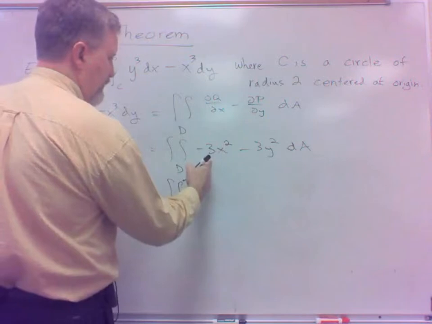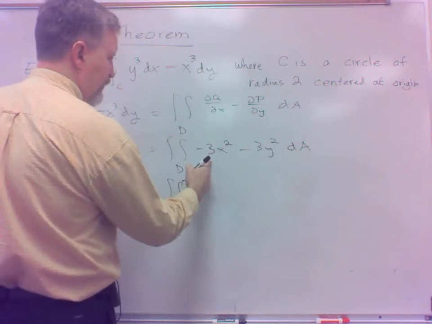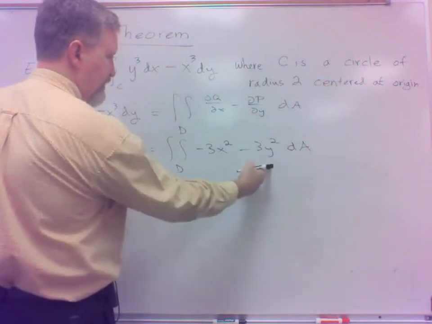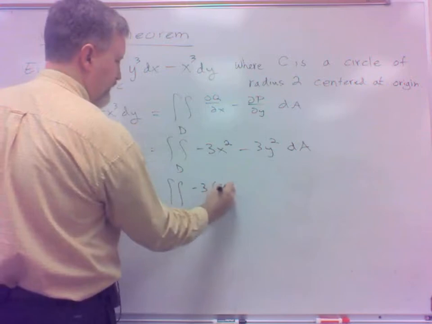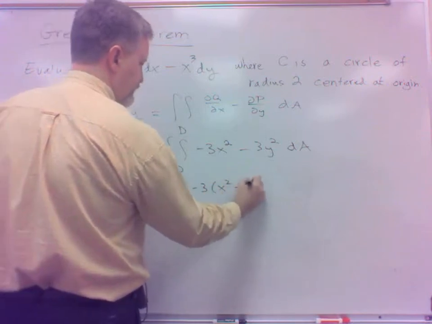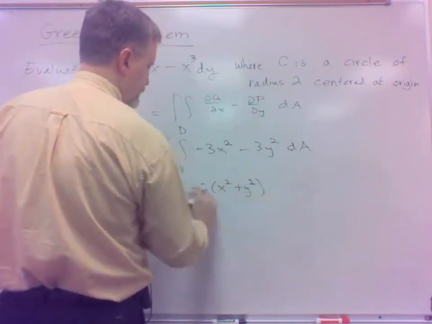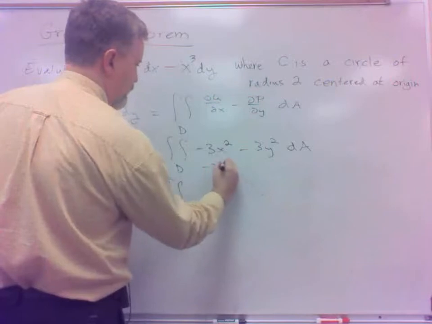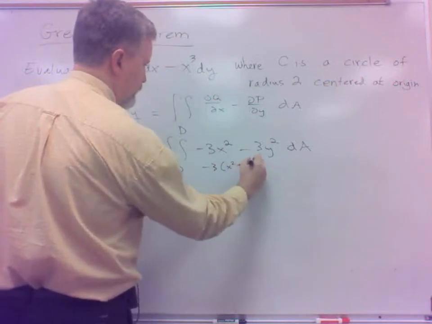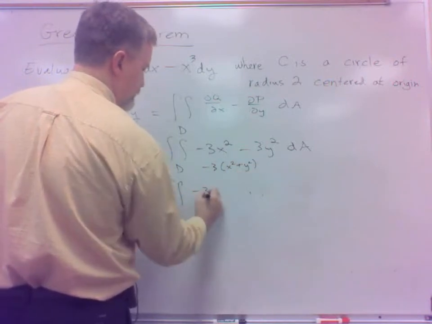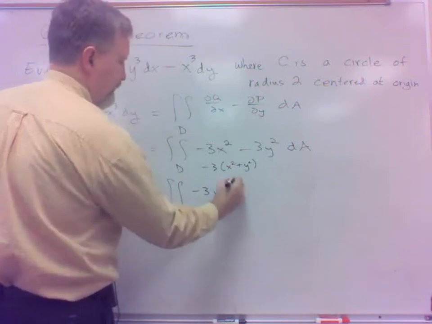All right, now to describe this in polar, we know x squared plus y squared equals, factor out the negative 3 there, right? Let's do it right here. And we know this is r squared in polar.